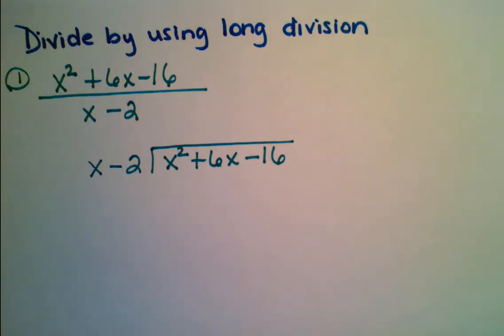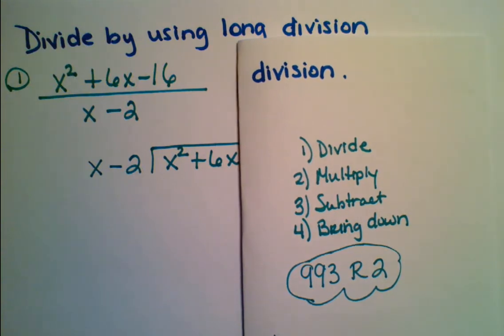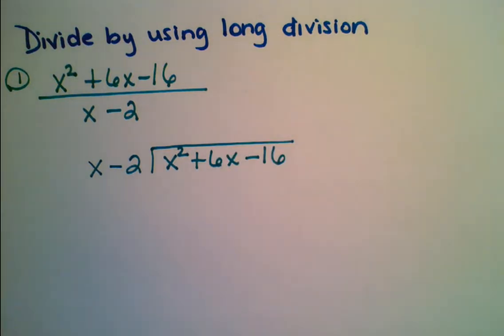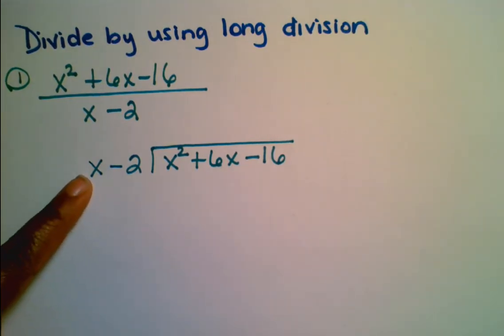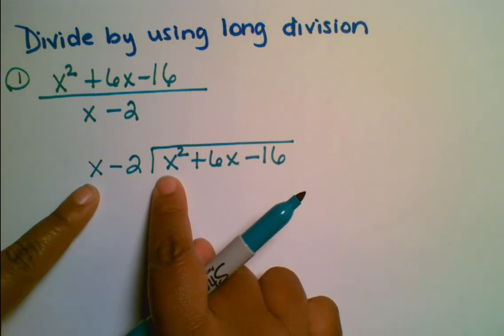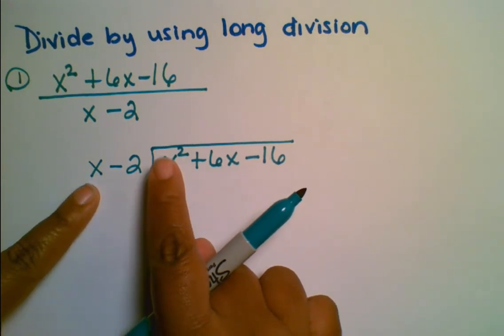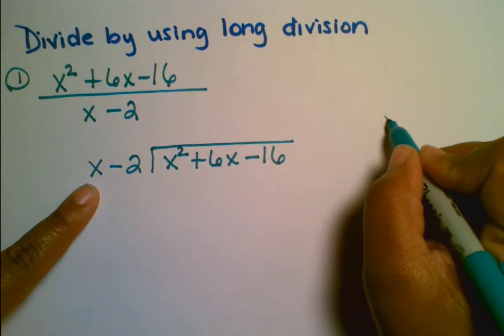We divide, we multiply, then we subtract, we bring down. So we're going to take the first term of the divisor and divide it into the first term of the dividend. So you're saying x divides into x squared how many times? This is what it looks like.